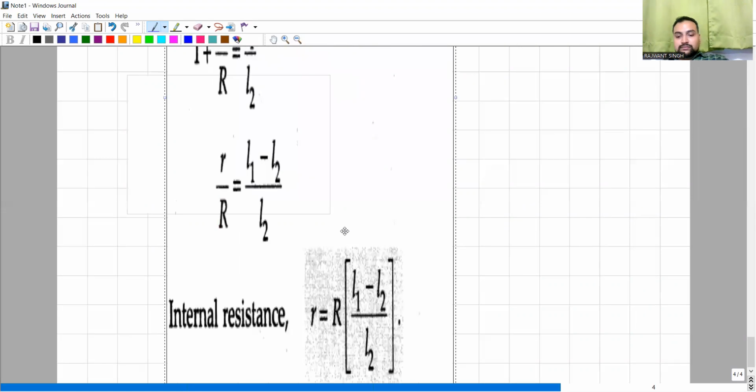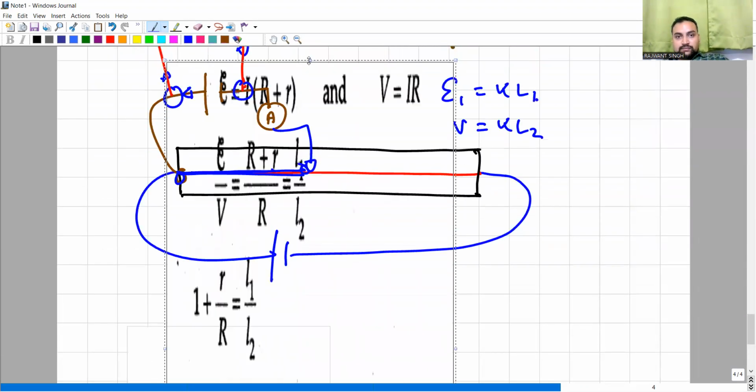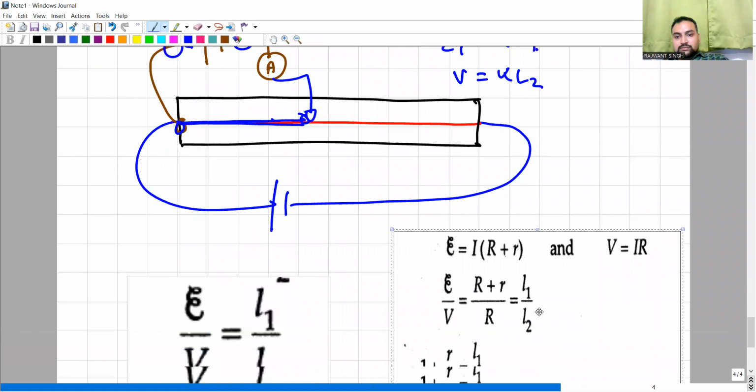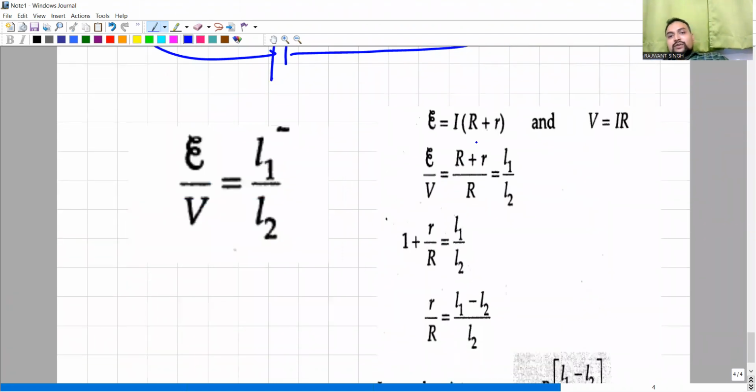How? Look here. Now E is equal to I into (R plus r), that you already know, and terminal potential is equal to I into capital R only, the external resistance, and then you can divide these two values. So what will you get? (R plus r) by R is equal to L1 by L2.